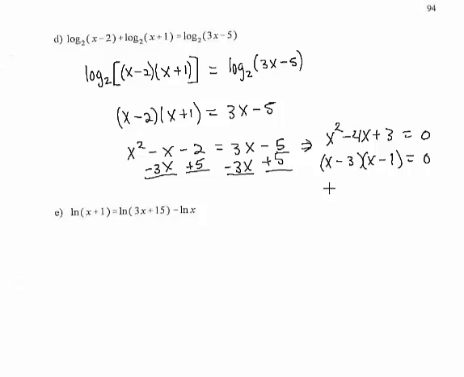And with these two factors, we would get x equal 3 and x equal 1 as our solutions. You set each factor equal to 0 separately and solve the equations, and we get 1 and 3. So let's go back and let's check our answer.